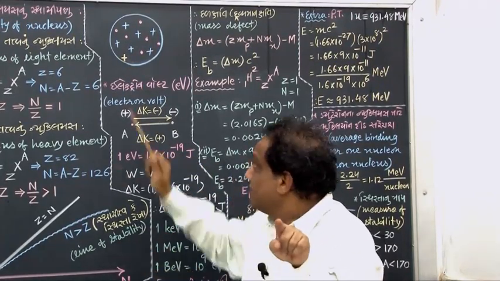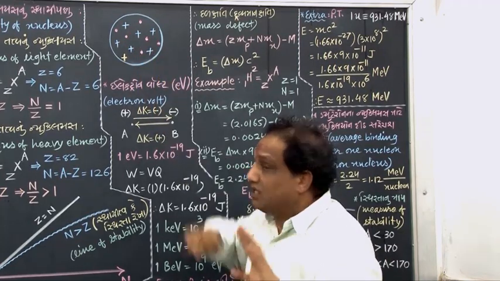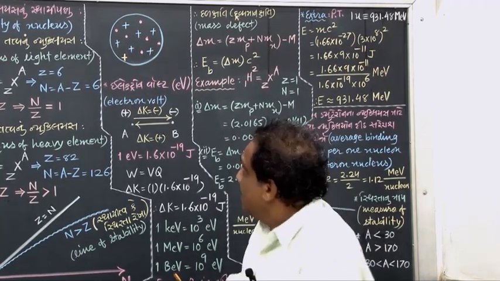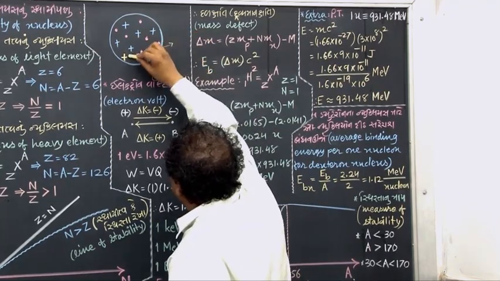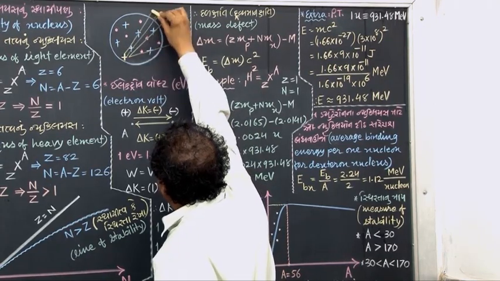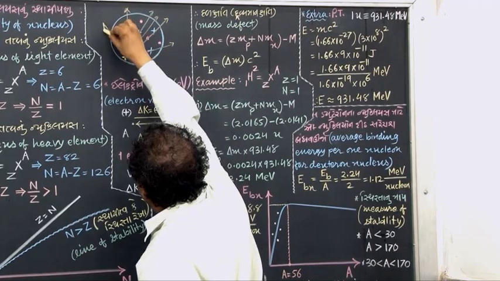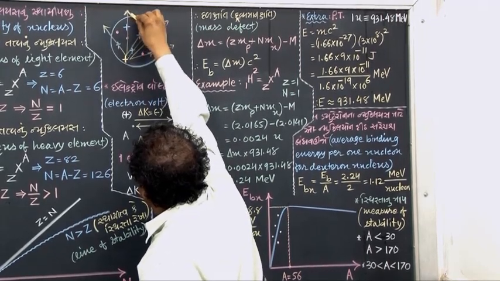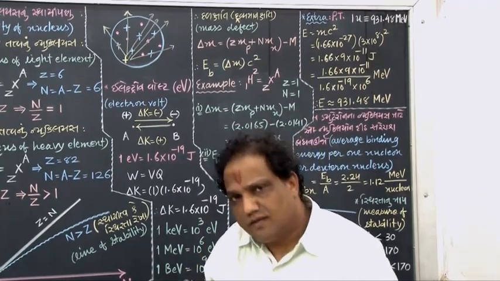But at the same time, it would exert long range Coulomb forces on all the remaining protons. And because of those repulsive forces, what should happen? These protons should come out of the nucleus. If protons come out of the nucleus, then the nucleus will become unstable.